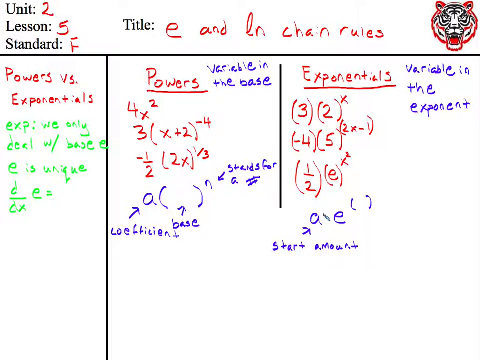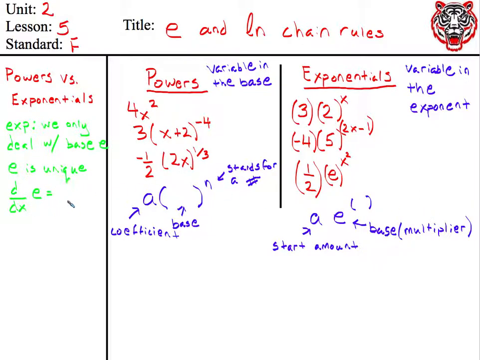So if this was 5, then the y-intercept would be 5. All right, so E again, this guy is now the base. And you can also maybe think of this as the multiplier, the thing that's being multiplied over and over. So maybe in here I'll write multiplier.